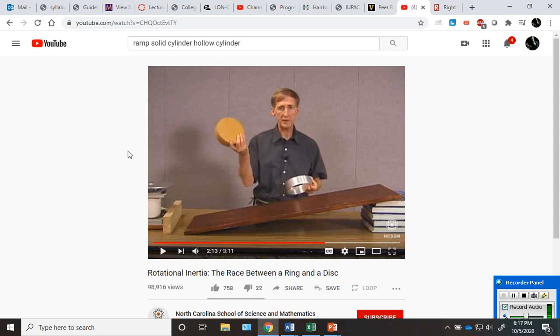The solid disk is going to have a smaller value for the moment of inertia, which means that there's going to be a smaller amount of rotational kinetic energy, which leads to a larger amount of linear kinetic energy, which means that the center of mass moves faster and it reaches the bottom first. We'll revisit this.